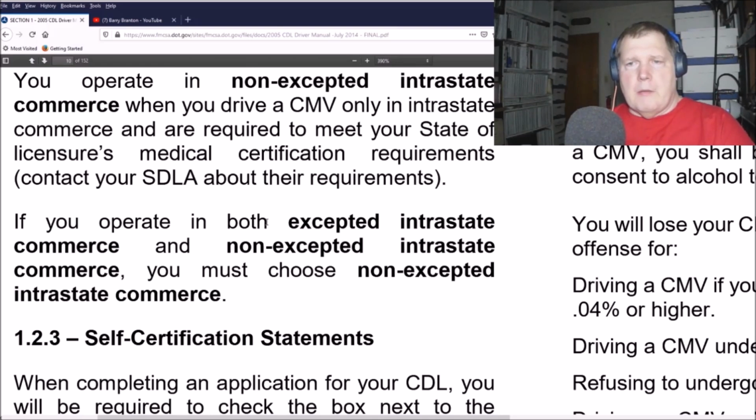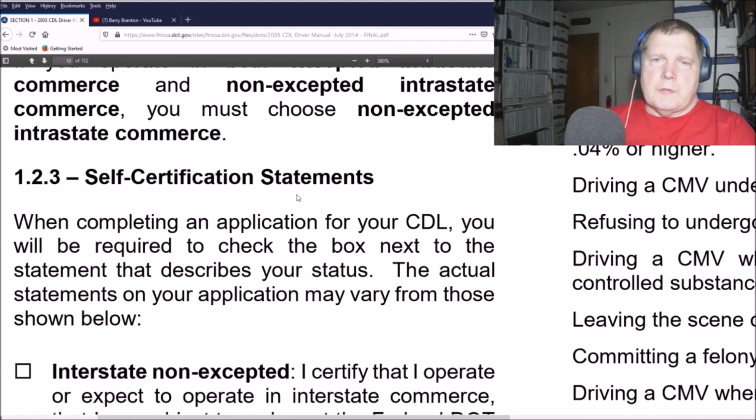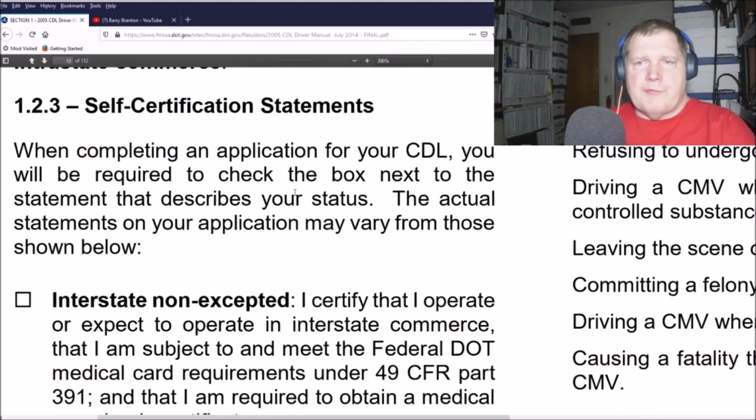If you operate in both accepted intrastate commerce and non-accepted intrastate commerce, you must choose non-accepted intrastate commerce. Okay. Self-certification statements.